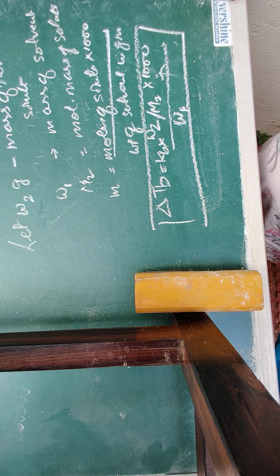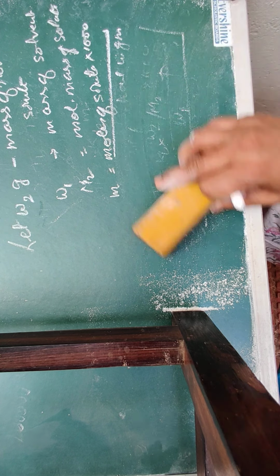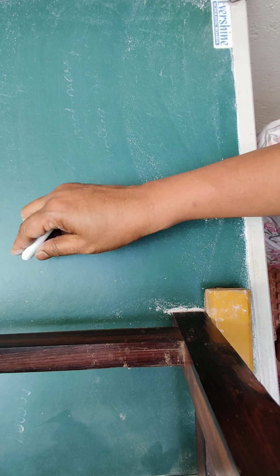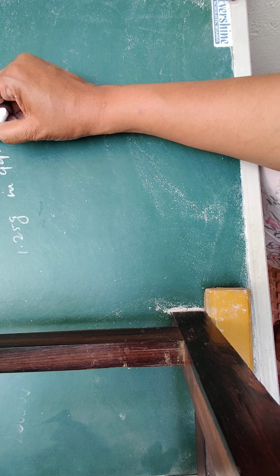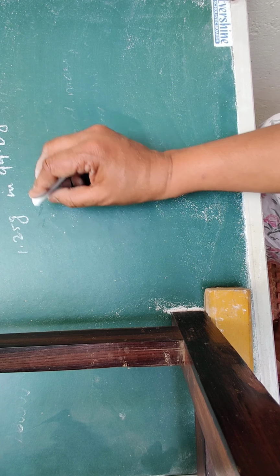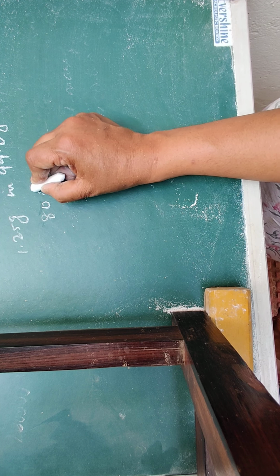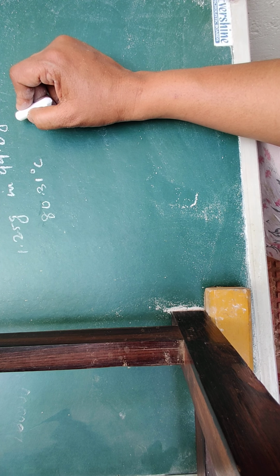Again, numericals are very important here. So let me take some numericals. A solution is prepared by dissolving 1.25 gram of methyl salicylate in 99.0 gram of benzene and has a boiling point of 80.31 degrees Celsius.